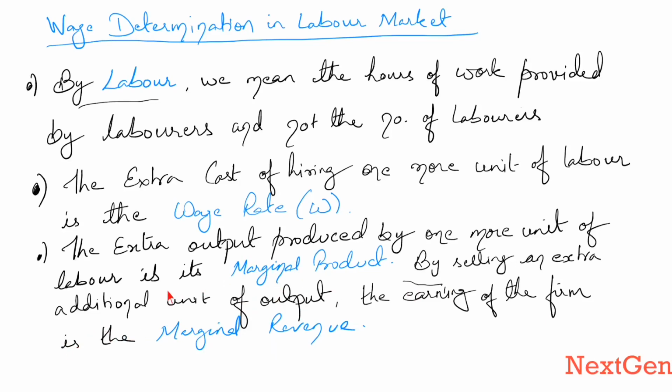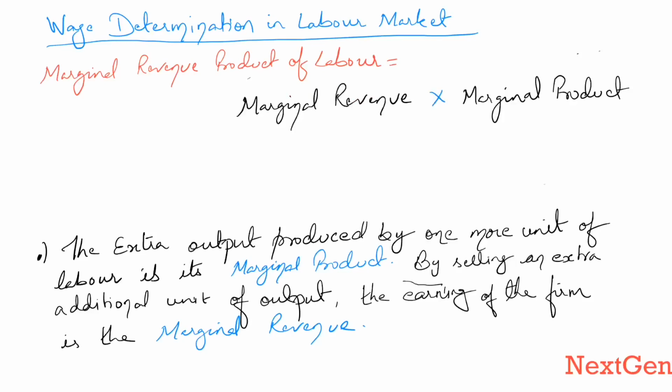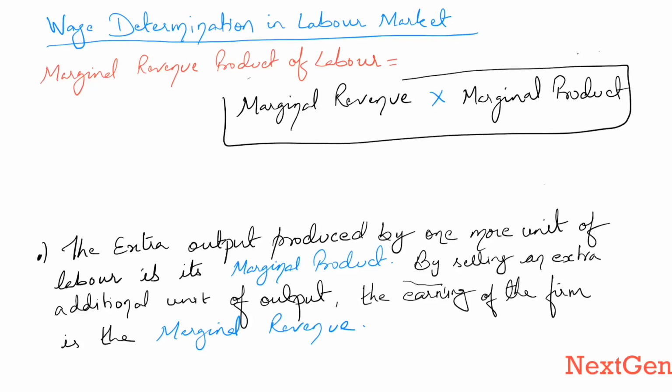This extra unit of output is produced by employing the extra unit of labor. Now, what is marginal revenue product of labor? It is marginal revenue times marginal product. So, this is the marginal revenue product of labor.